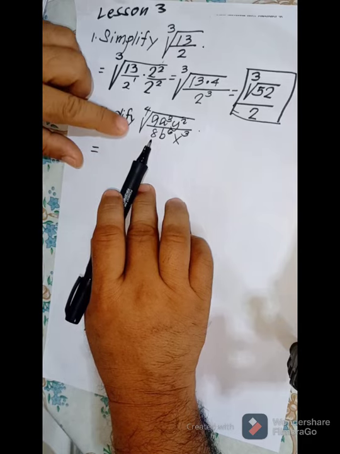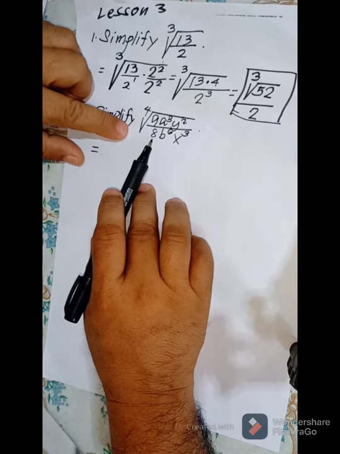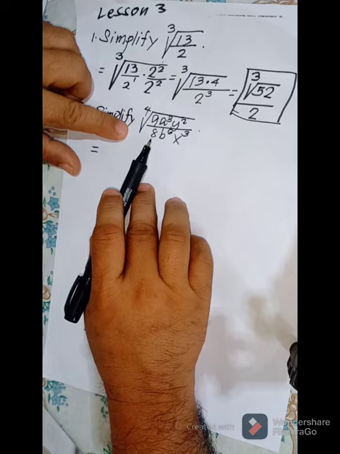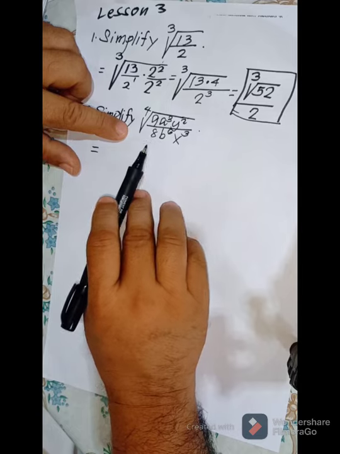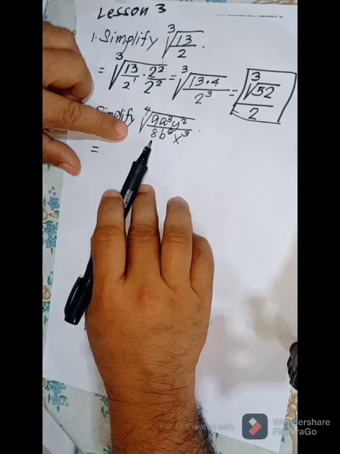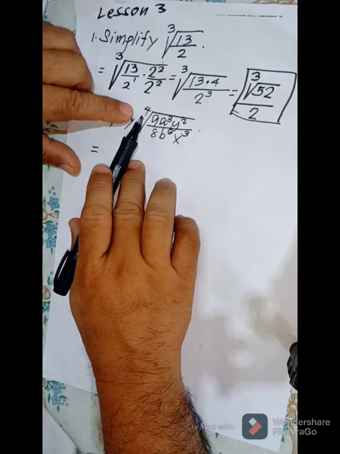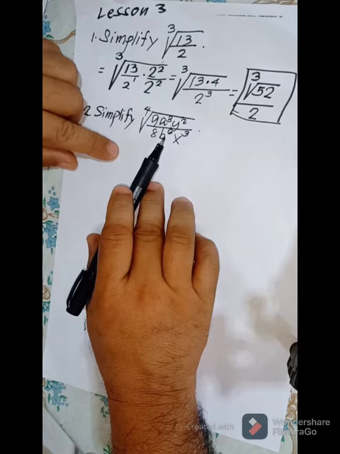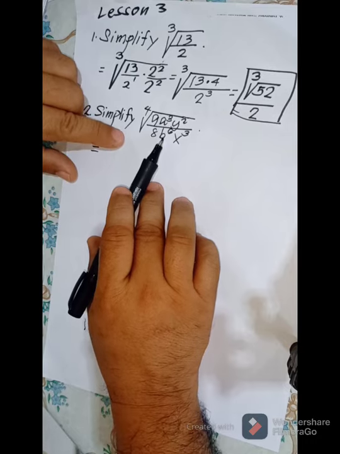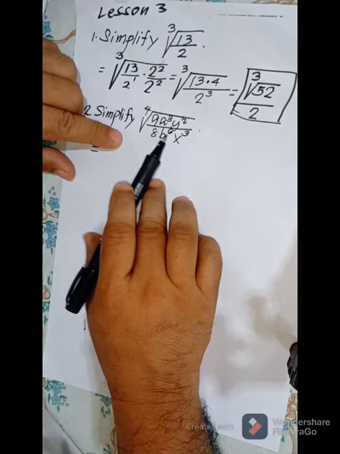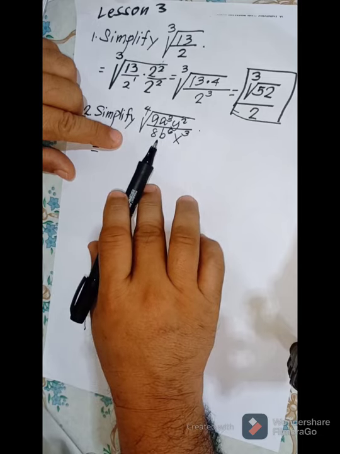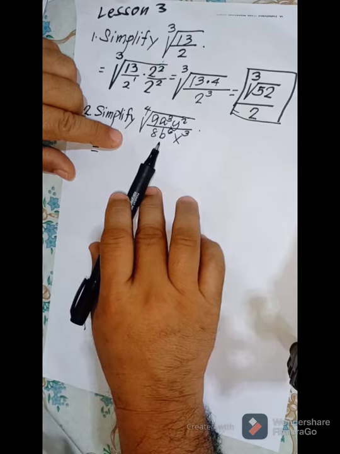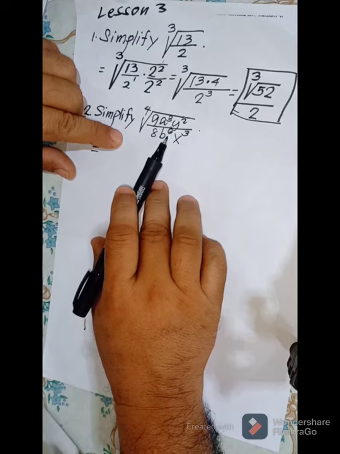What shall we multiply with 2 cubed so that it becomes a perfect fourth power? Of course, 2. Because 8, which is 2 cubed, times 2 is 2 to the fourth power. The exponent of 2 to the fourth power is 4, which is equal now to the index. b to the sixth power is not a perfect fourth power, but it contains a factor which is a perfect fourth power, b to the fourth power.